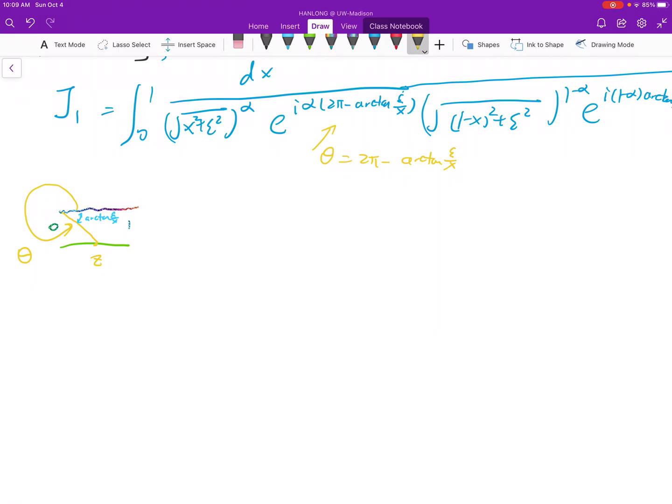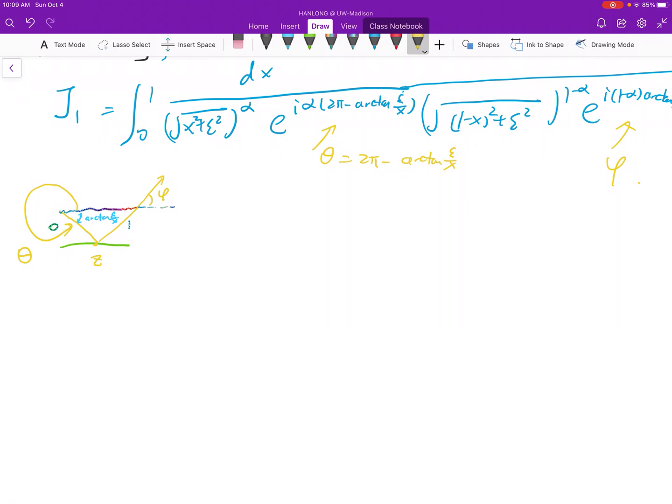And similarly, for 1 minus z, the angle phi is this one. Okay, so you just keep it there. So 1 minus alpha arctangent. So this is exactly phi.